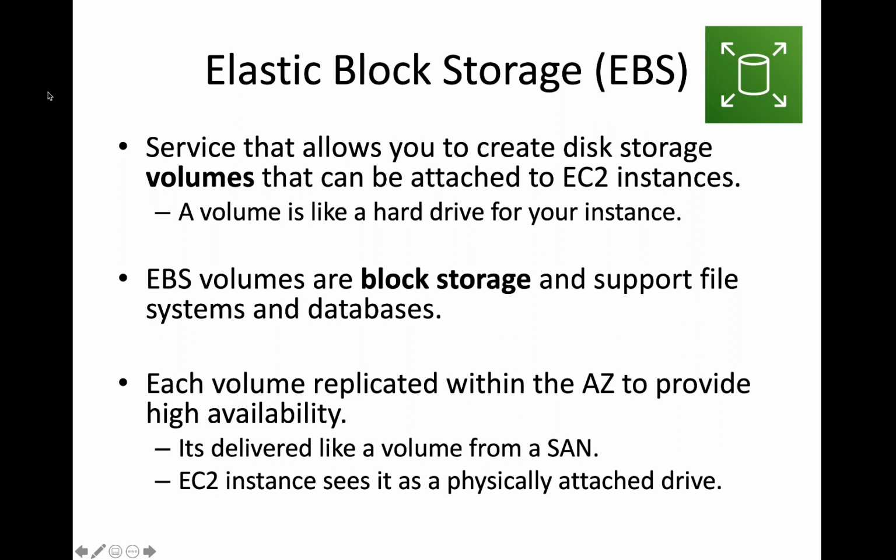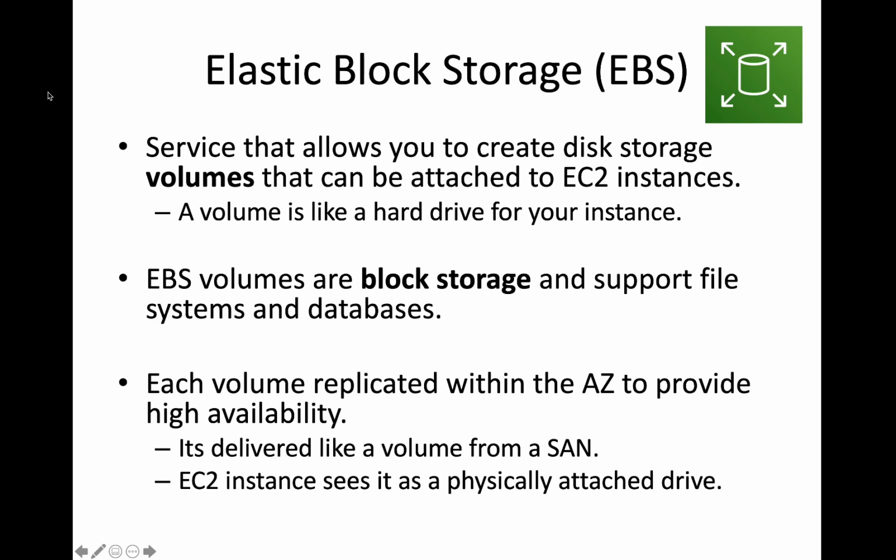So remember, the EC2 instance is running within one availability zone. The EBS volume, this network hard drive, is also located within the same availability zone. But the data on that hard drive is replicated across multiple systems to mitigate the possibility of the EBS volume just simply disappearing, or mitigate the possibility of us losing the data.